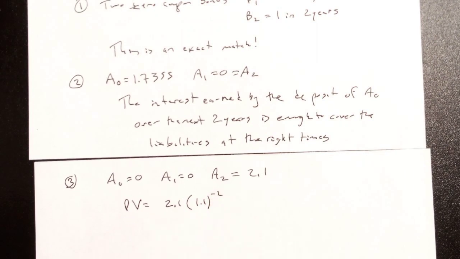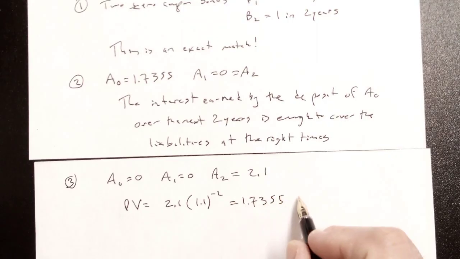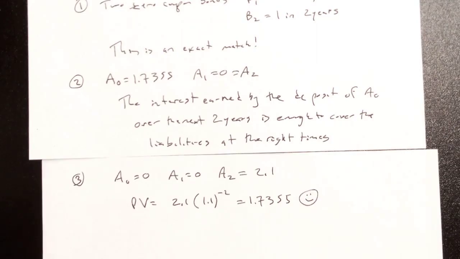I'm not getting any money until year two, so I have to bring it back to today, and that is again 1.7355. Am I covered? Will this set of assets allow me to pay off my liabilities? Well, if its present value is the same, it should.